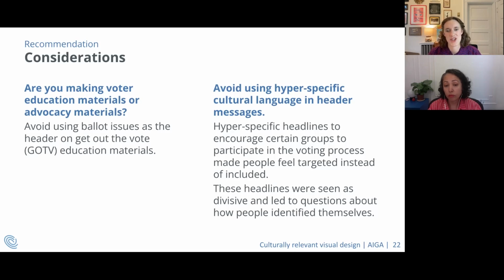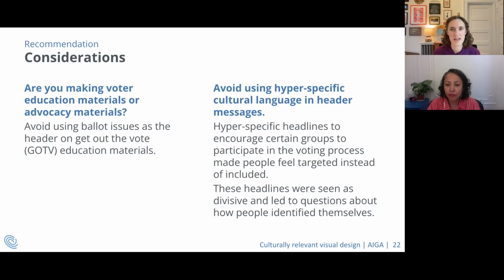I thought this was such an interesting learning for me as a designer because I went in with the assumption that starting with "these issues are on the ballot" would make people feel excited, more invested and interested in voting. But what we learned was that it actually had the opposite effect.